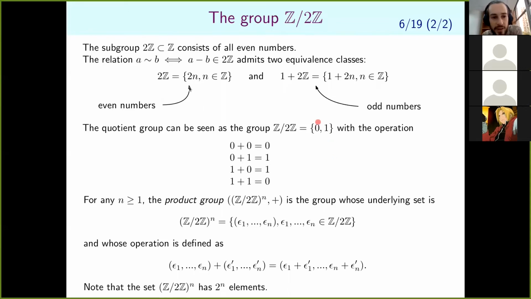So really keep this in mind. Z over 2Z is the simplest group you can imagine. It has only two elements, 0 and 1, and the operation is given here. So this is it for groups.